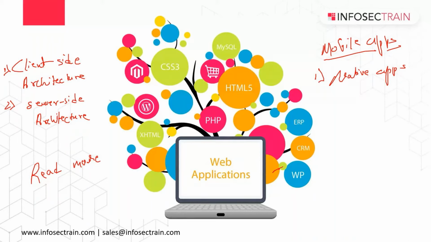Then we also have apps which we call hybrid apps, right? Mobile is platform dependent. Then we are talking about hybrid apps. Now, what are hybrid apps? They combine the elements of mobile and web app. So on the face of it, a hybrid app will just look like any native app, right?